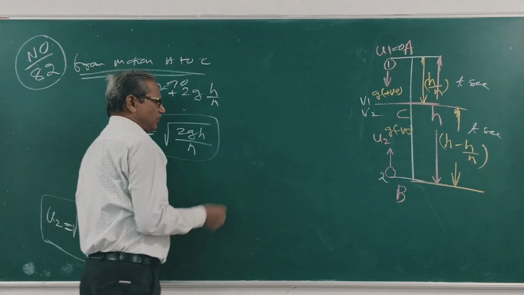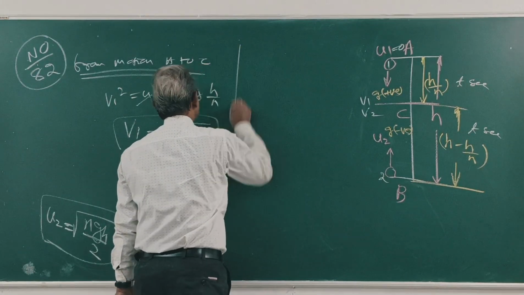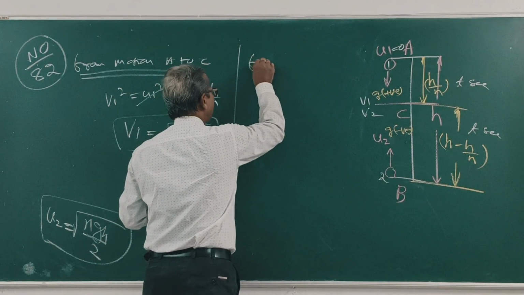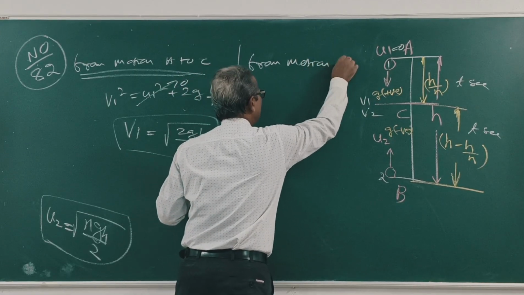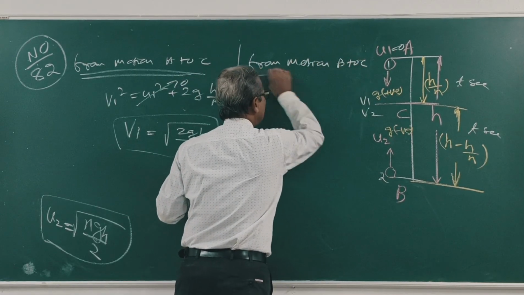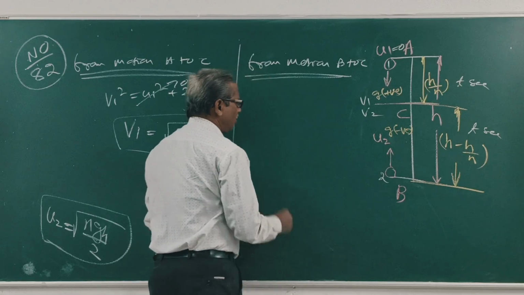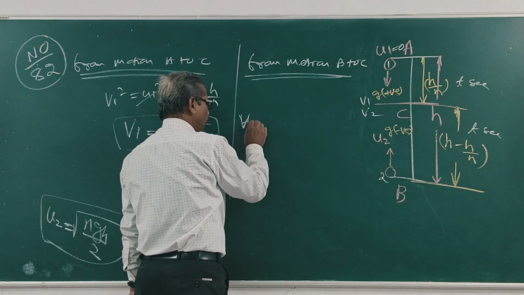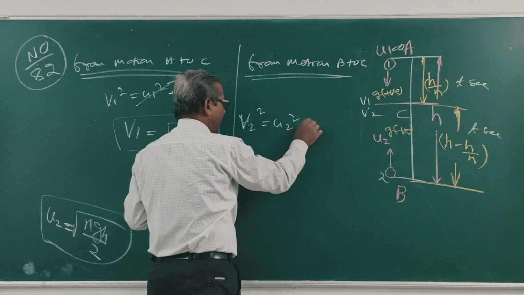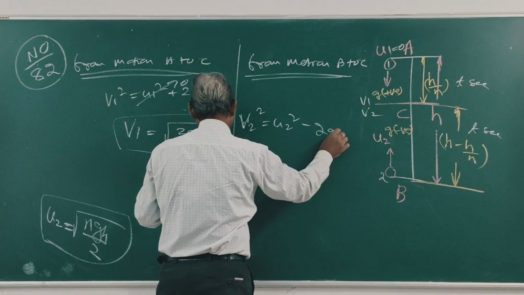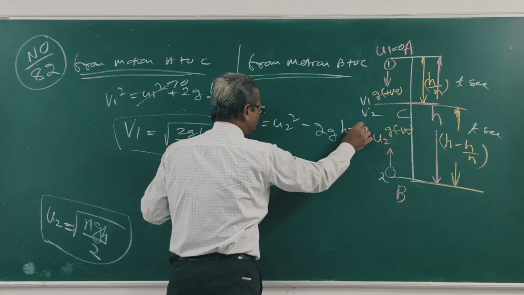For motion B to C, what is v2 square equal to? u2 square minus 2g into h minus h1.